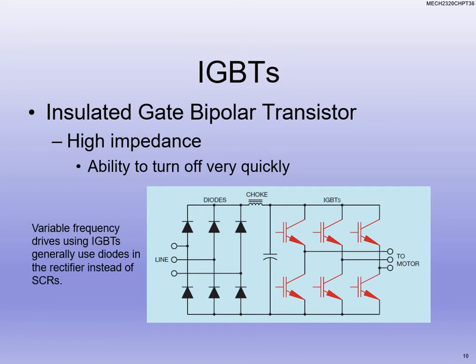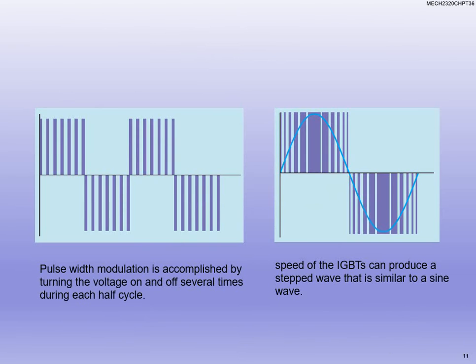So they can still run in saturation, okay? We still allow them to run in saturation like the normal BJTs. However, they're still able to turn on and off quickly when they're in saturation. Where the other transistors couldn't give a quick response, the insulated gate BJTs give us a much faster response time.